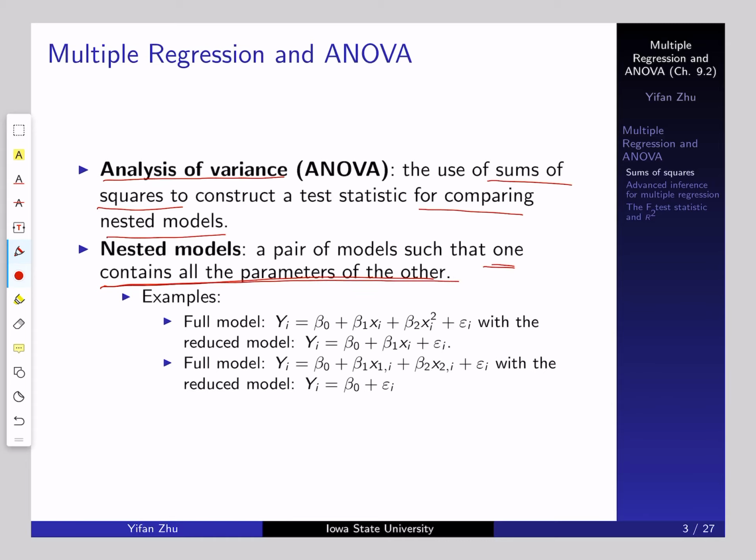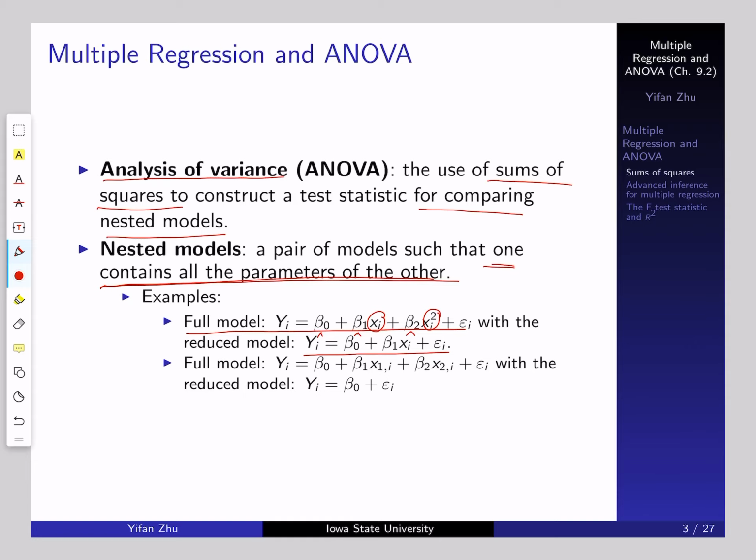Here are two examples. The full model is a multiple regression, and the predictors are x and x squared. We have three parameters: beta naught, beta 1, beta 2. And the reduced model is y equals beta naught plus beta 1 xi plus epsilon i.